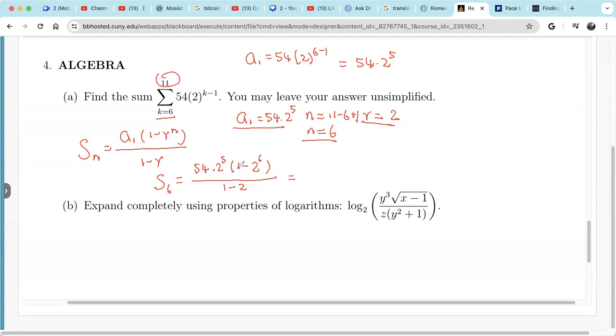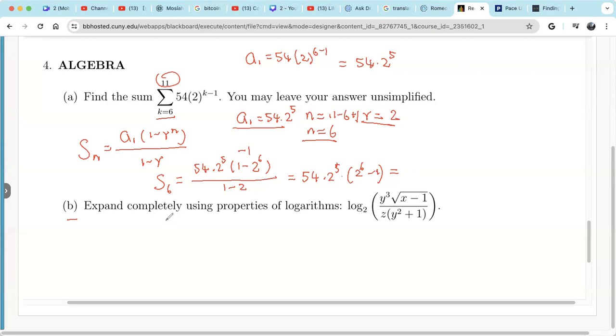If we put the negative here, we can calculate it like this: 54 times 2 raised by 5 times 2 to the 6 minus 1. Because if you put the negative here, the 1 becomes negative, but negative 2 raised by 6 becomes positive. All right, the rest you may use a calculator to calculate. Okay.